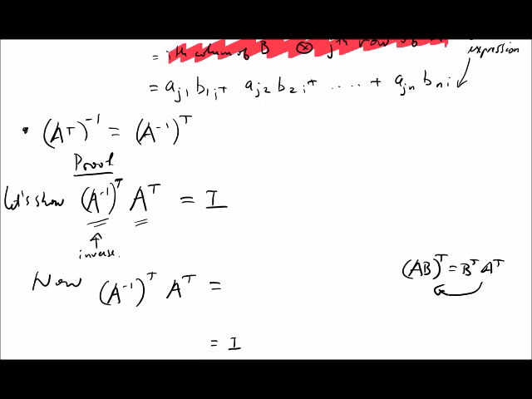When I have two transposes multiplied together, I'm going to take the transpose of a product, this product being A. So you see this matrix here, A goes here, just like this A goes right there, and B goes here.